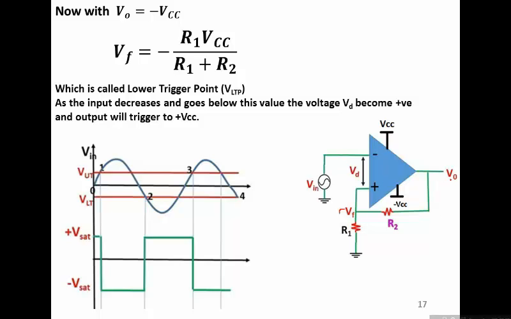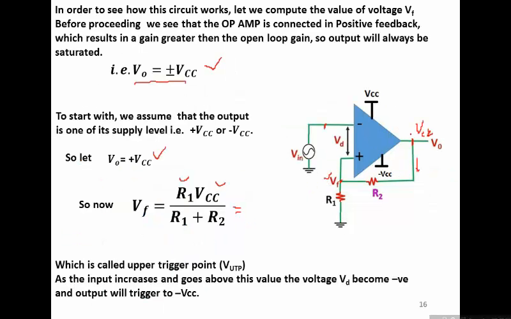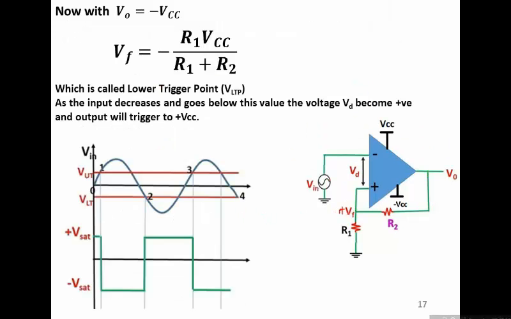Similarly, whenever Vout is plus VCC, the voltage at this point VF would be some positive value, and if the output is plus VCC, then it would go to minus VCC only when the voltage of the negative terminal becomes higher than this level.